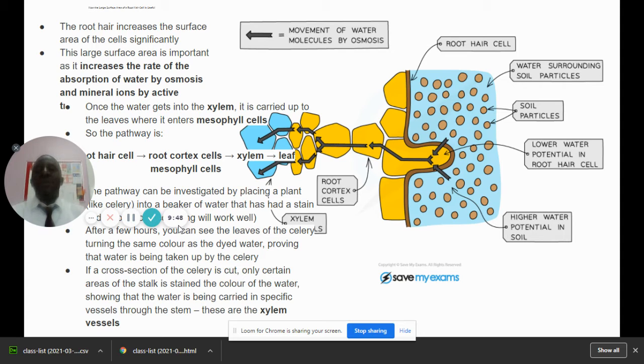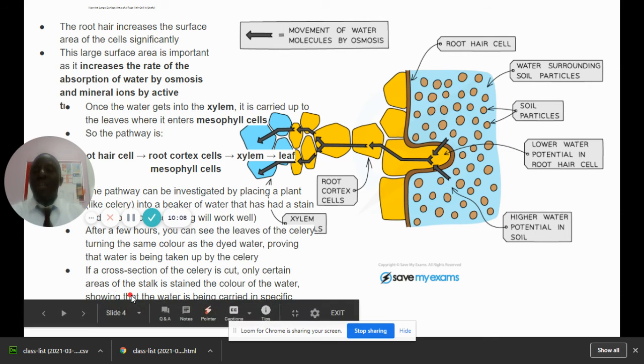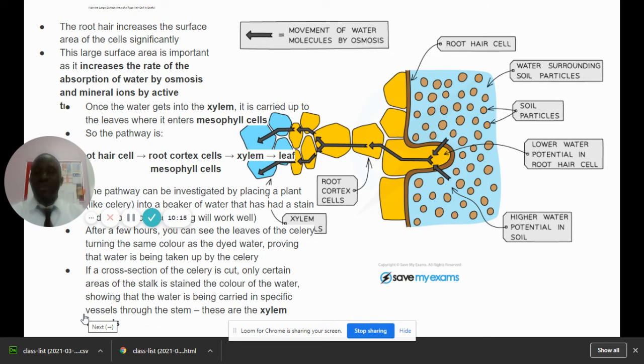Number four, root hairs are slender, meaning that they have the ability to move in and change directions as they are within the soil. Then number five, root hairs lack a cuticle, therefore materials can easily move in and out of the cell without any barrier.